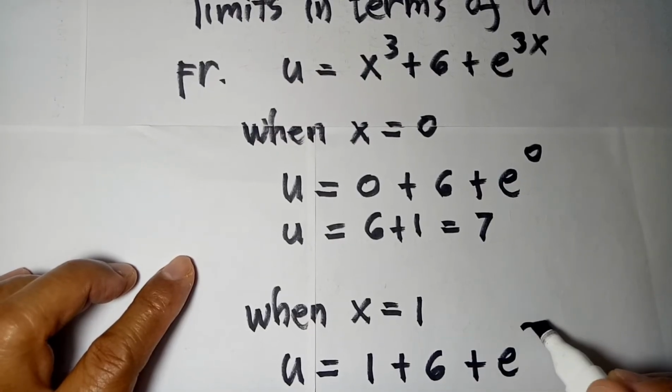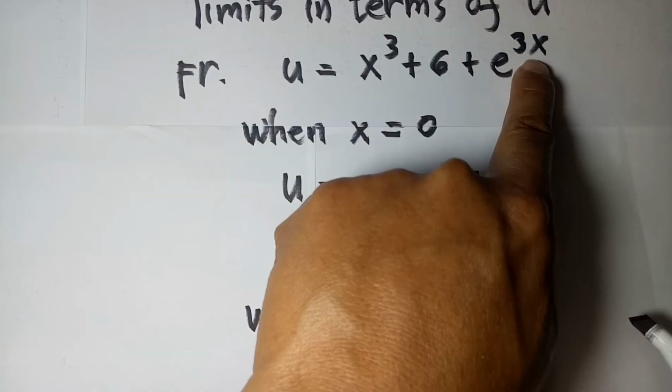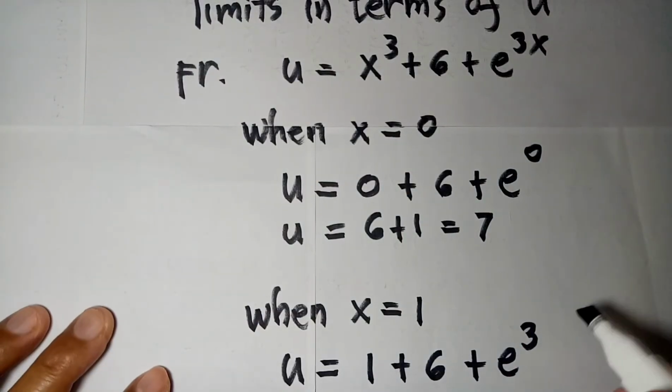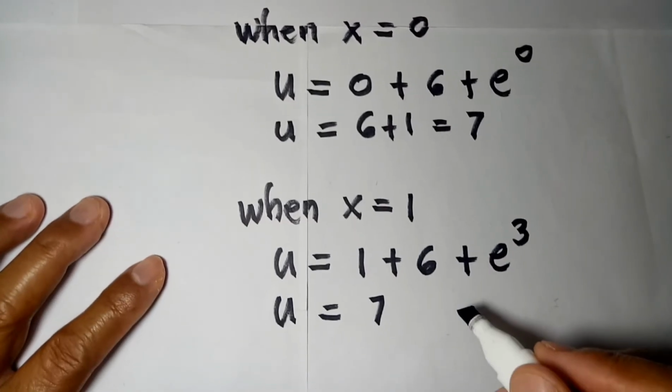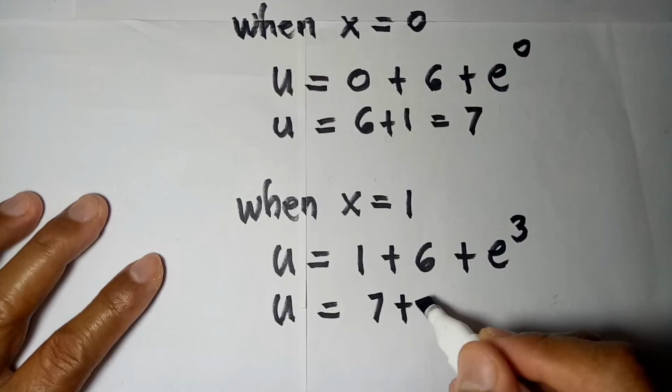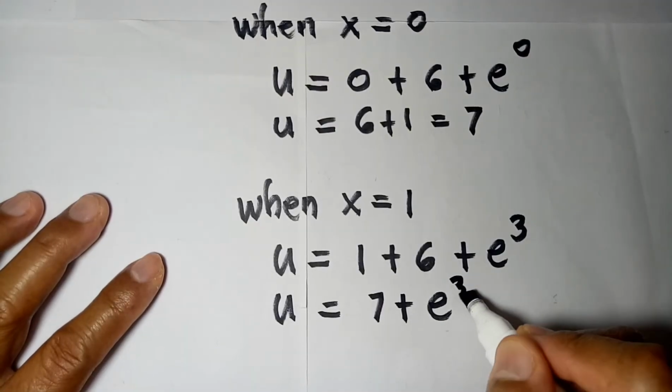E raised to 3 times 1, no, is e raised to 3. So, we will have u equals 7 plus e raised to 3.